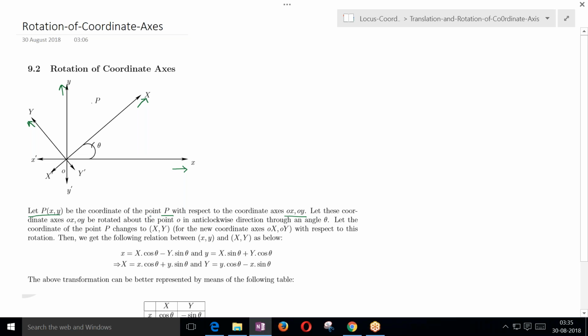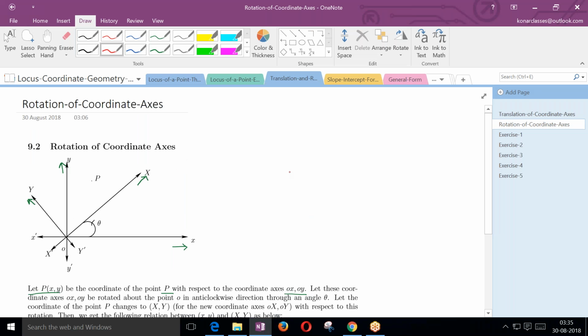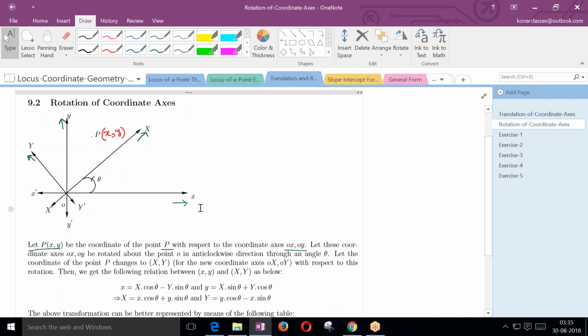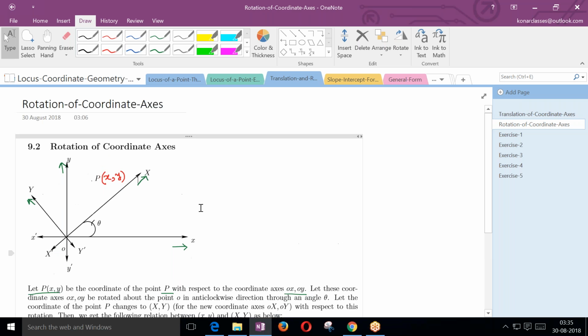Then the question is, if in the old coordinate system, using a different color pen, the point is lowercase (x, y), and in the new coordinate system the same point becomes (capital X, capital Y), what is the relationship between capital X, capital Y, x, y with respect to theta?